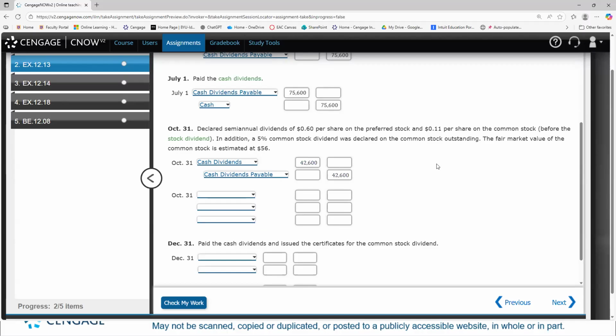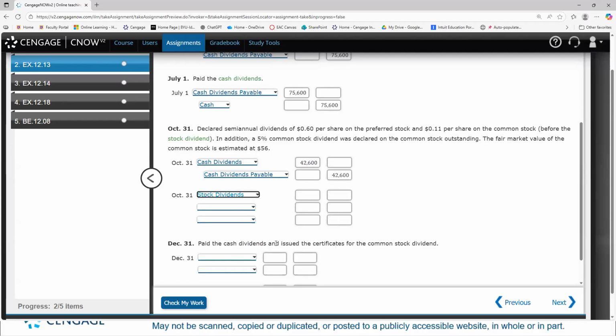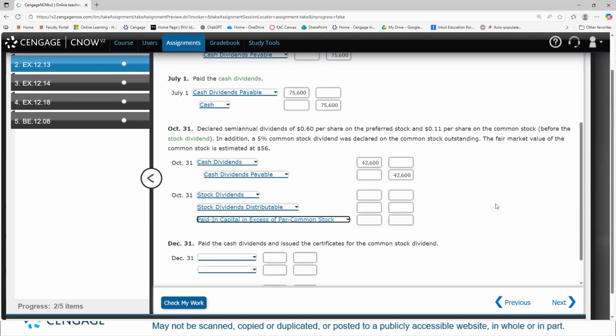Also, we're going to have to record the stock dividend. They tell us they're going to do a 5% common stock dividend. So I'm going to debit stock dividends. I'm going to credit stock dividends distributable and paid in capital in excess of par on the common stock.